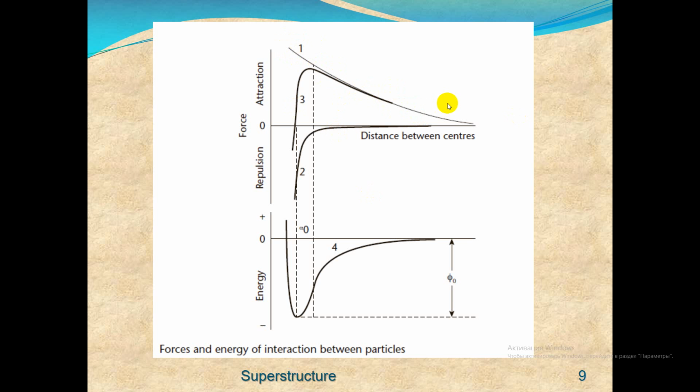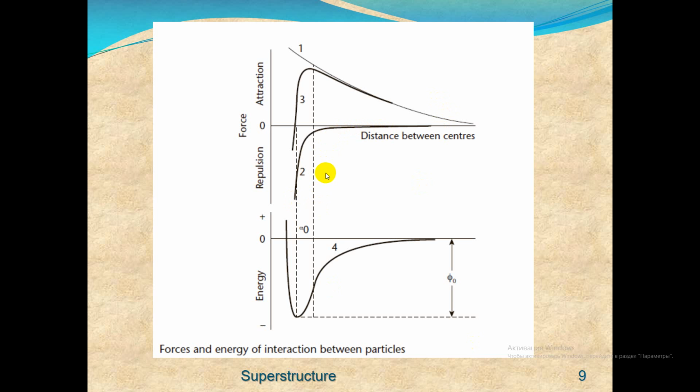There will also be strong short-range forces of repulsion that operate to resist compression when the atoms or molecules come into close proximity, and these are represented by curve 2.